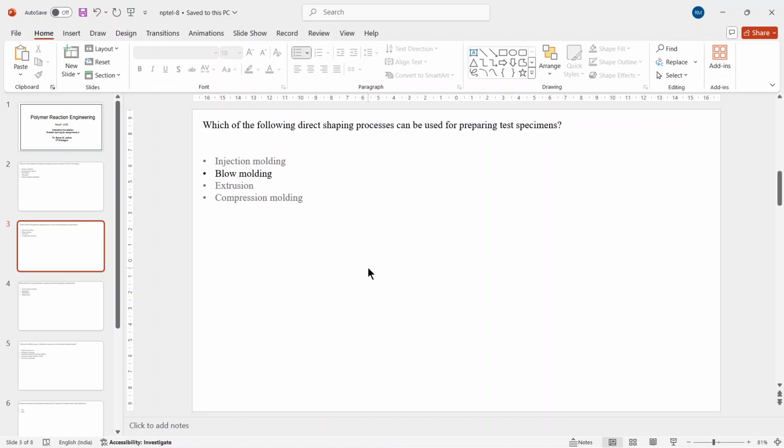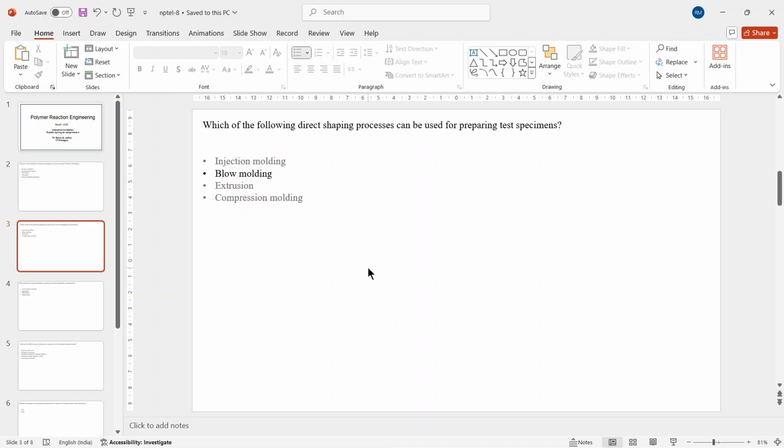Then next we come to blow molding. In blow molding, we are putting pressurized air in a miniature version of the sample, and that miniature version blows up like a balloon because of the heat and the air pressure. Once you generate the product, it has to be cut down further, and it cannot be generated in the testing specimen dimensions.